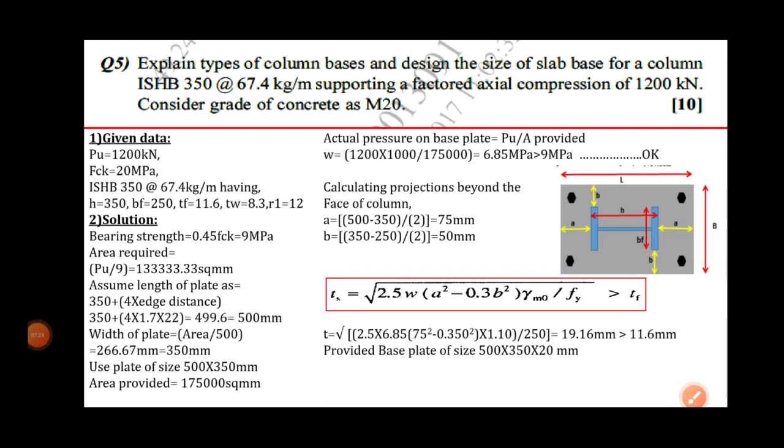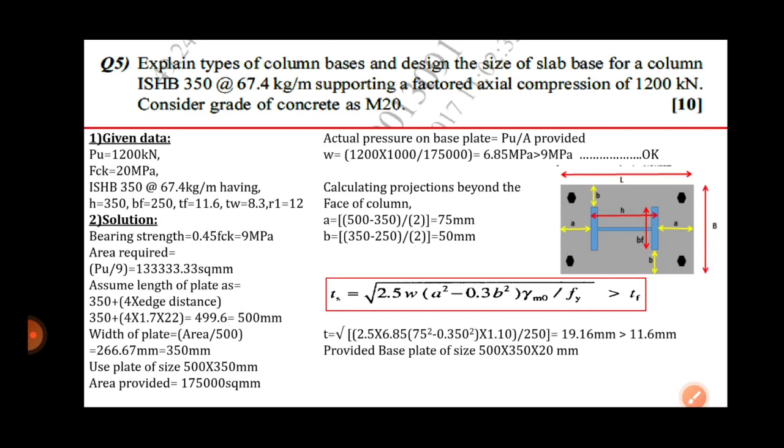Substituting all these values, that is a, w, small b, gamma m0 and fy, we get the thickness of the base plate, which is equal to 19.616 mm, and this thickness should be greater than the thickness of the flange. That is the check which we have to provide.